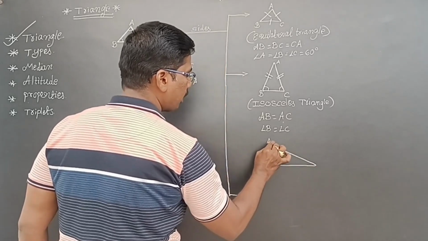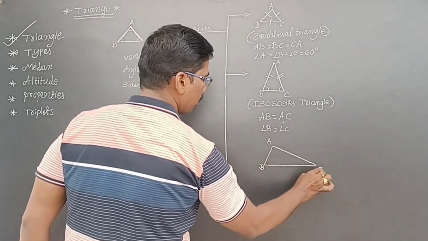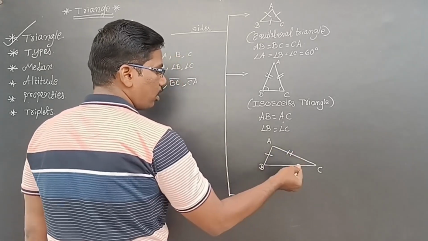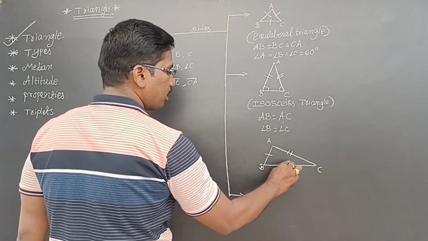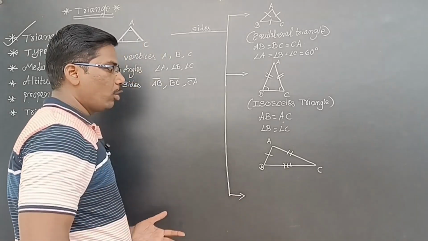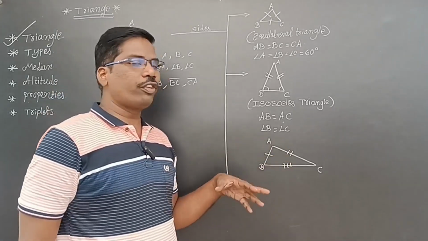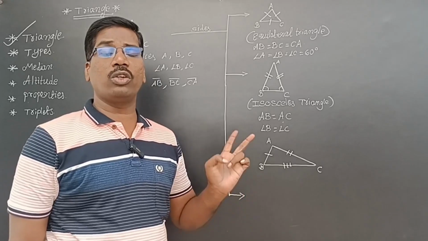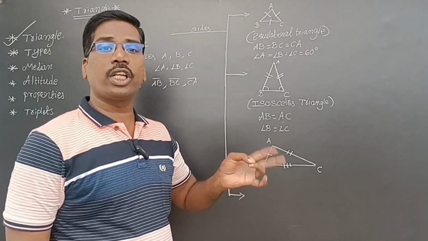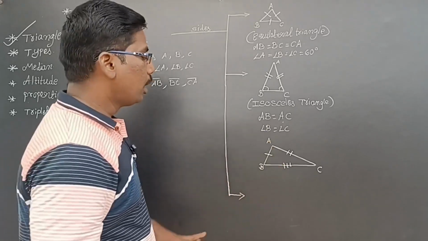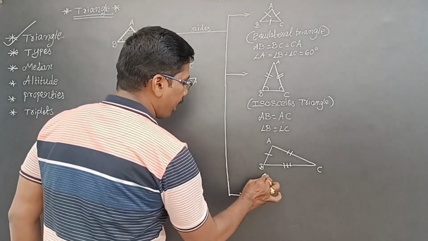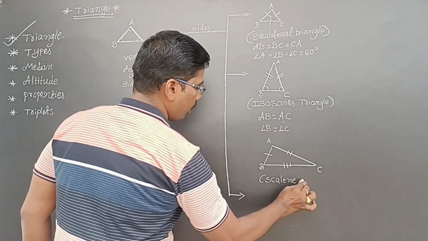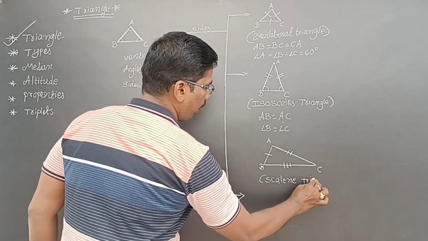Now you observe clearly: this AB side is a small side, the second side is somewhat more, and this BC side is somewhat more, meaning these three sides are different. A triangle in which all sides are different, or no two sides are equal, is called a scalene triangle.